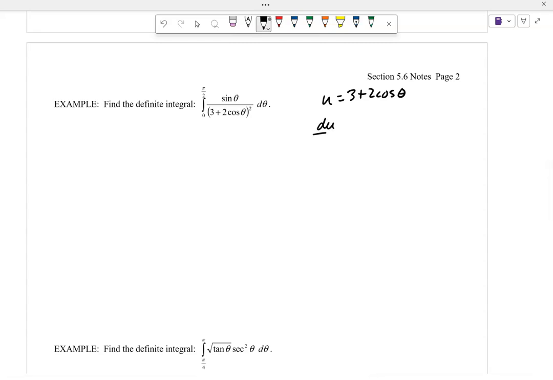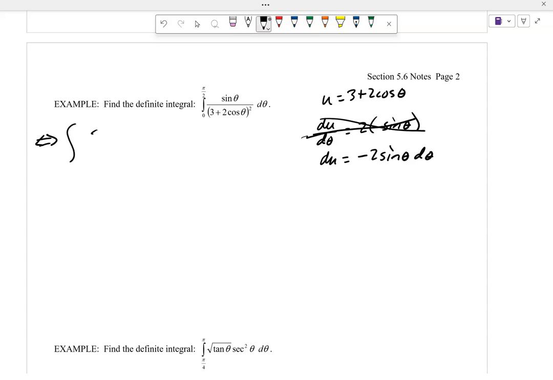So du d theta would be derivative constant is 0, derivative 2 cosine theta is 2, derivative cosine is negative sine theta. Now let's take our d theta to the other side, so we got negative 2 sine theta d theta. And so what would this become?